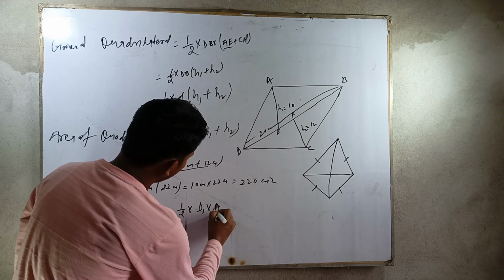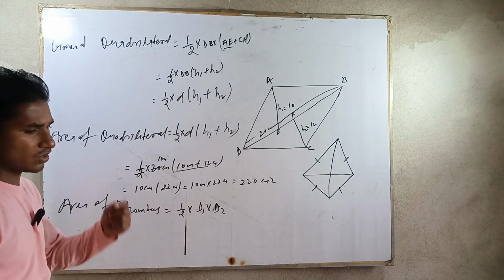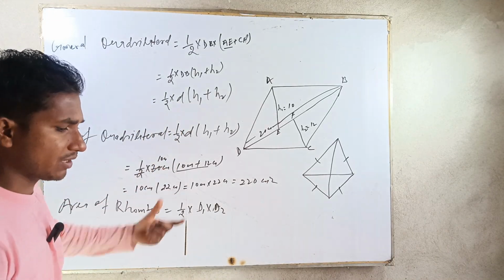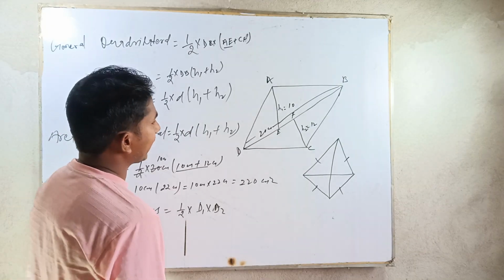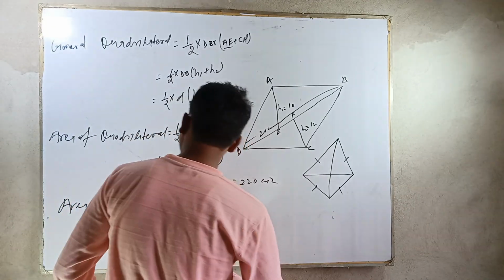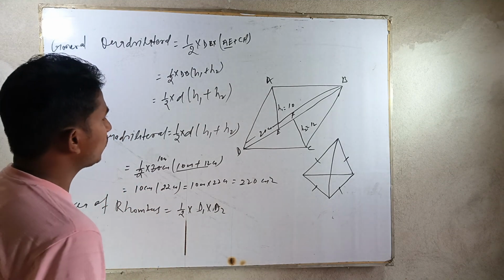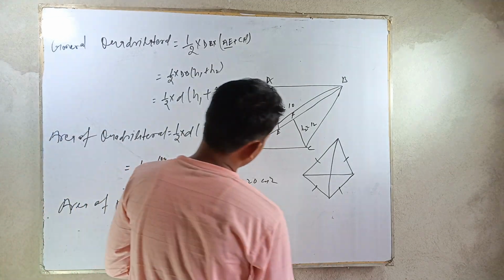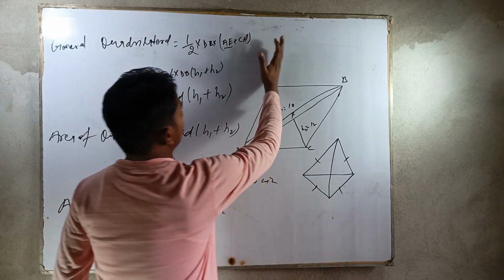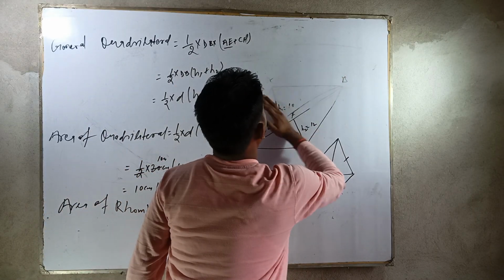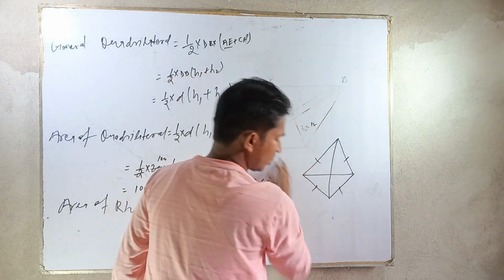If diagonal 1 and diagonal 2 are multiplied, its area comes out.